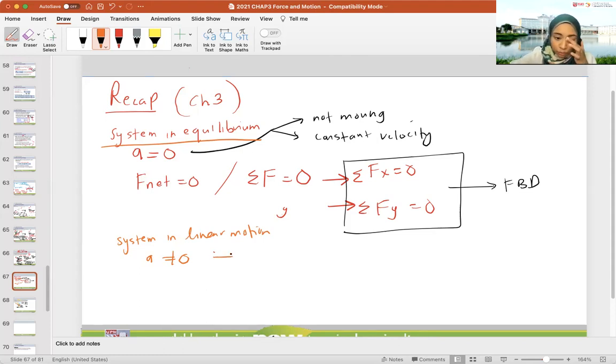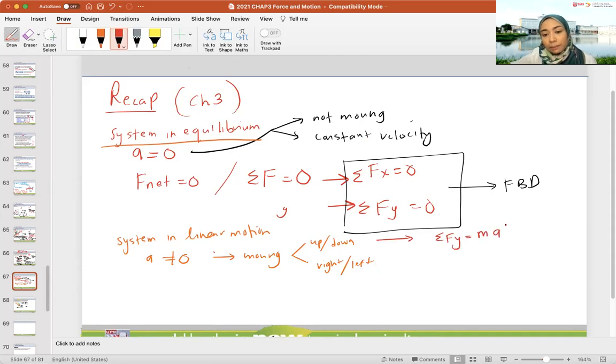So we are moving. We can move either up or down, or right and left, or on an incline, it doesn't matter. So if it's going up and down, therefore we know that your F net in the y will be equal to ma.